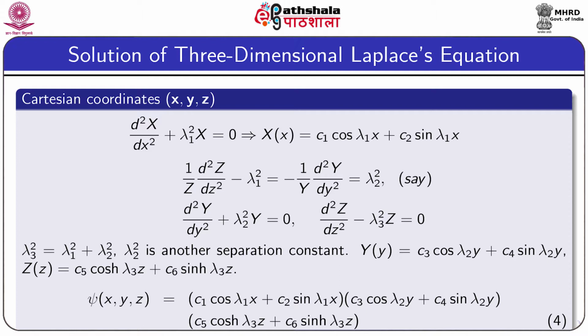Now, there is another equation in the dependent variable capital Z, which is written here: d2Z dz square equals lambda 3 square into Z, where lambda 3 square equals lambda 1 square plus lambda 2 square.